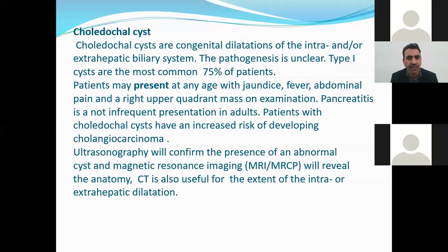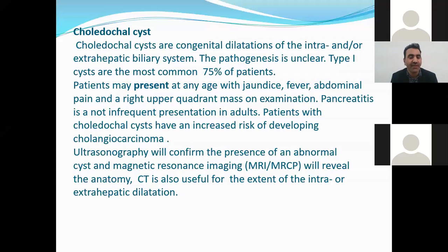Although it is congenital, it can present later on, with jaundice, fever, abdominal pain, and a right hypochondrial or upper abdominal mass on examination. Pancreatitis is not an infrequent presentation in adults. Patients with choledochal cyst have an associated cholangiocarcinoma, as we said, with malignancy, so it is very important.